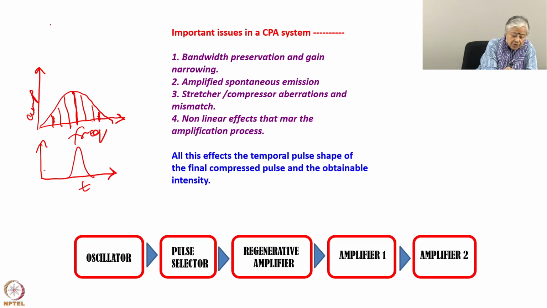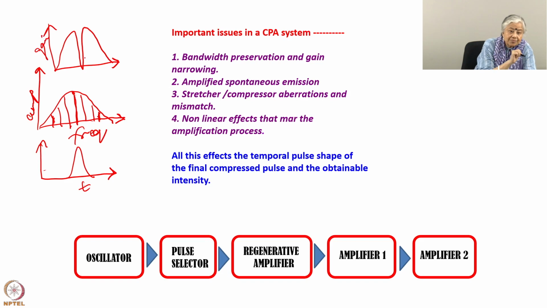If I have my gain profile, because the central frequency has taken up all that, as I described before, there is a hole here in the gain, because this pulse has taken out all the gain from that central frequency. This is frequency. And these have just added to this hole.